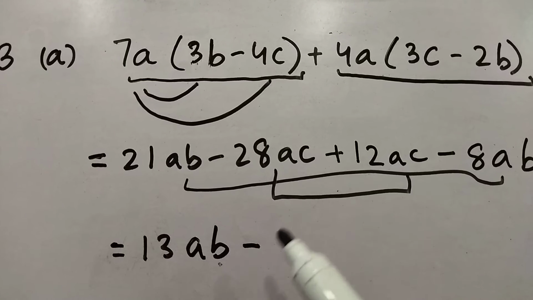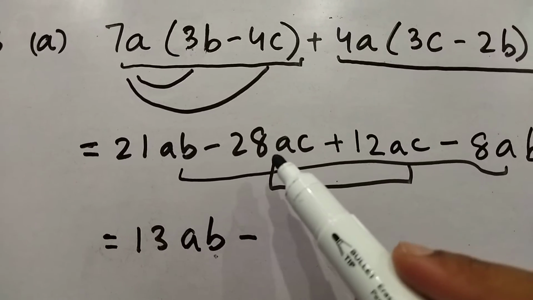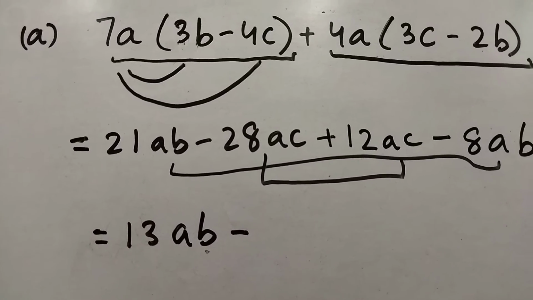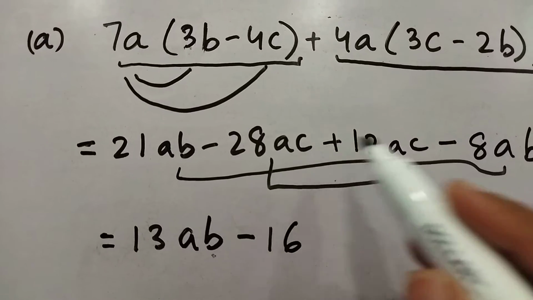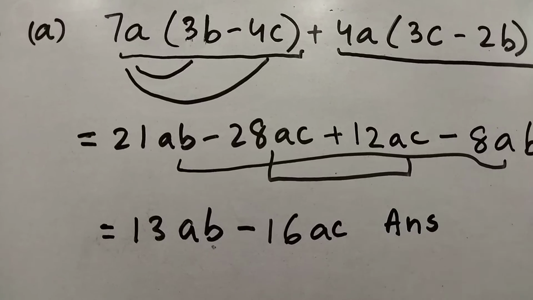So we are going to put the sign of 28, which is minus, and then we are going to subtract 12 from 28. So we get here the answer as 16 AC. This is the answer. You see?